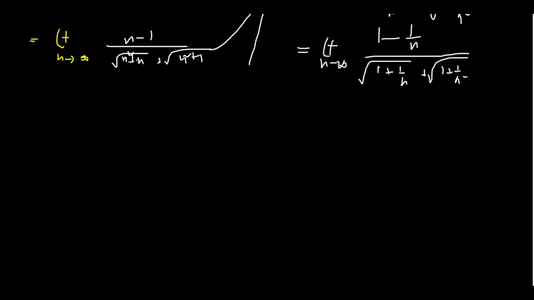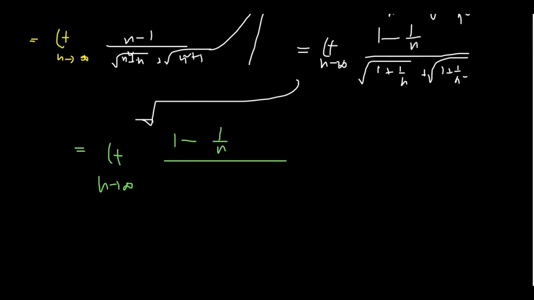Now if we further simplify this, we will get equals to limit n tends to infinity of 1 minus 1 by n over root over of 1 plus 1 by n plus root over of 1 plus 1 by n square.